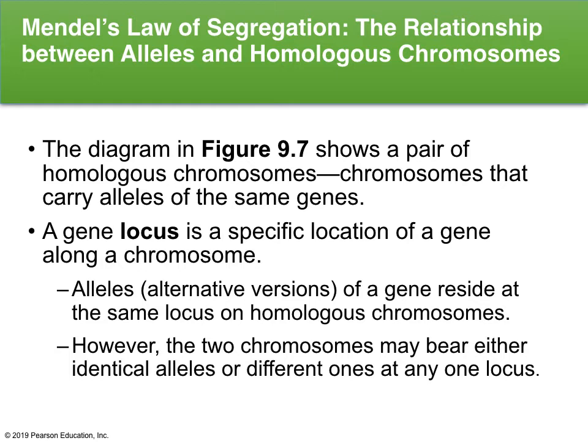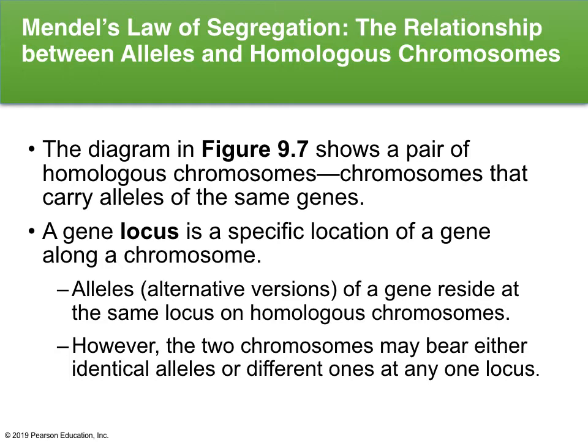So we talk about homologous chromosomes, and you remember this from mitosis and meiosis. You had these paired chromosomes, one contributed from each parent. And alleles, as you know, are the variations of a character. The diagram on the next slide is going to show a pair of homologous chromosomes, so chromosomes that carry alleles for the same genes.